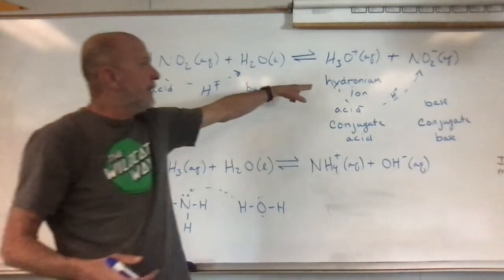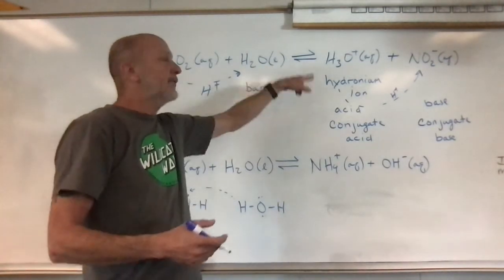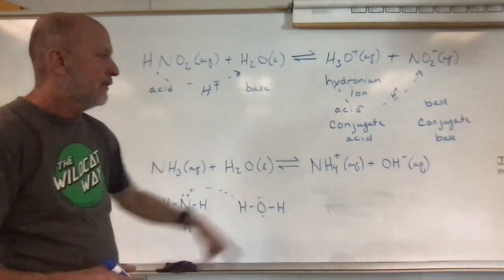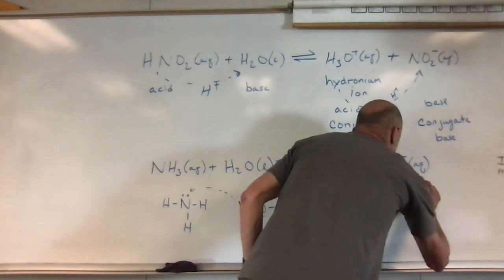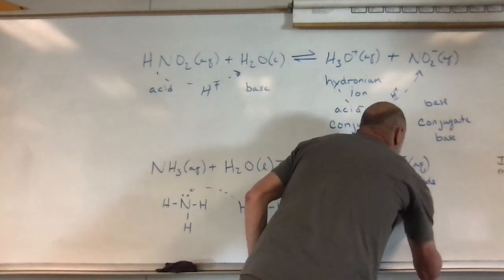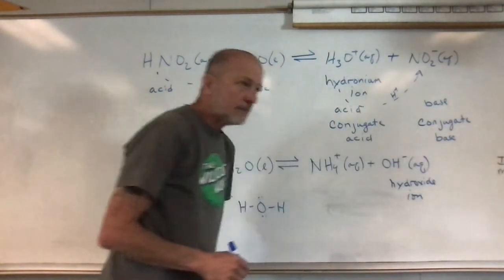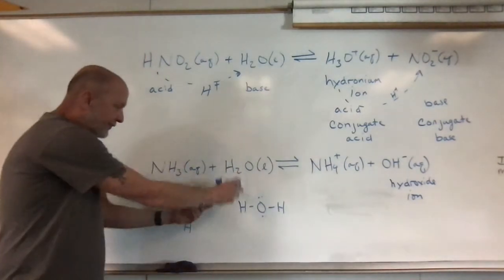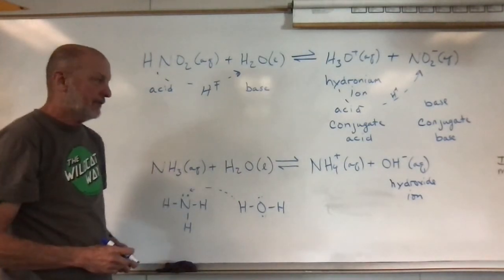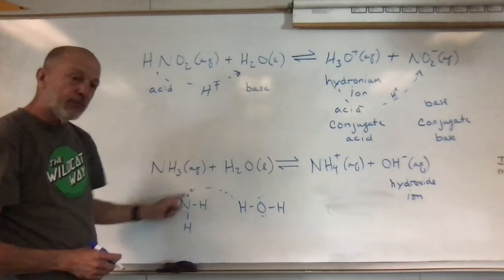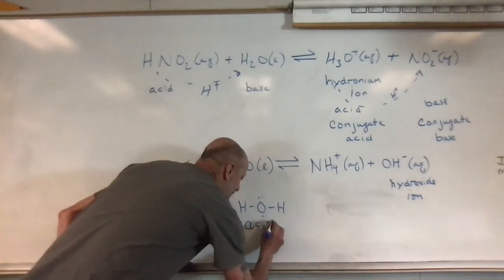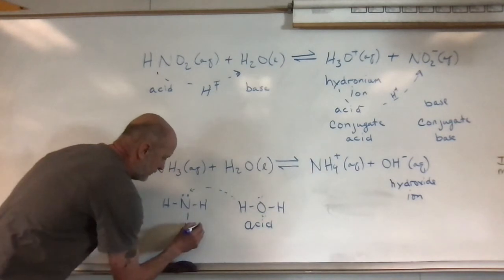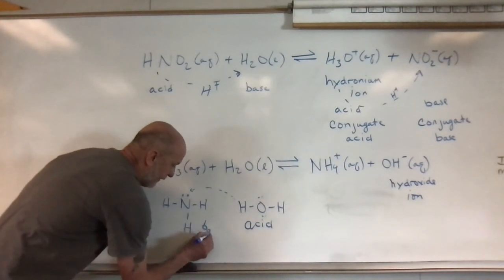Notice hydronium ion is a water molecule that has accepted a proton. What is hydroxide? It is a water molecule after it has donated a proton. So look what's happening. Water is donating the proton. In this case, water is acting as an acid. Ammonia is acting as a base.